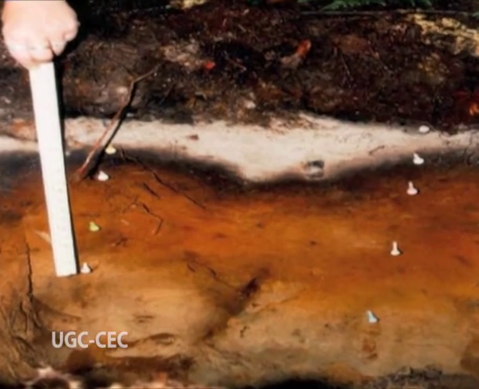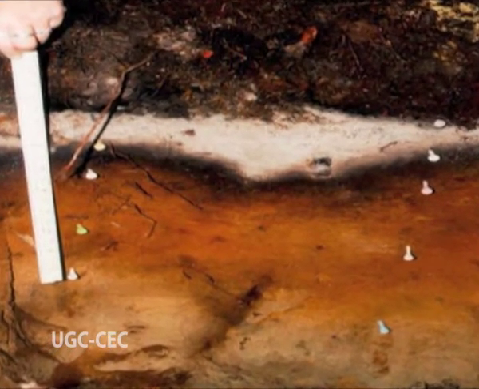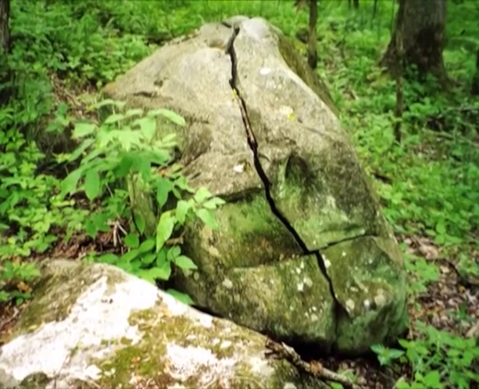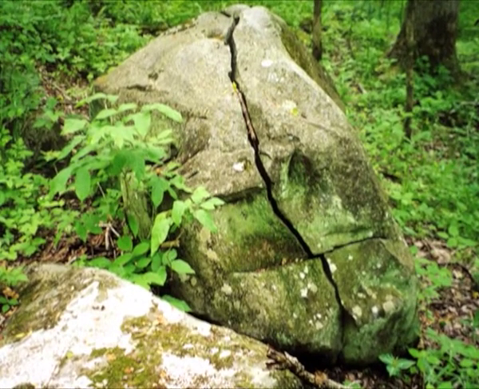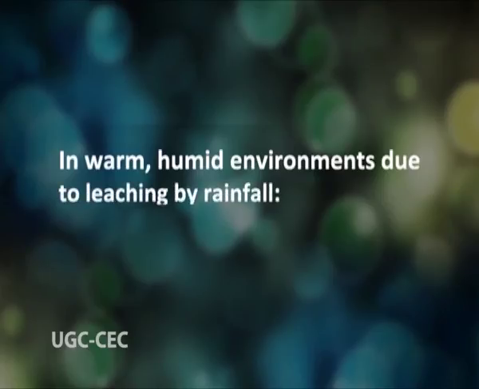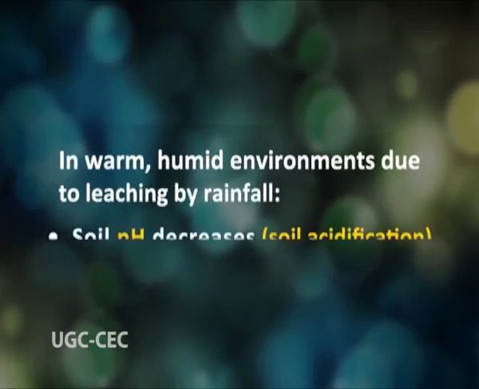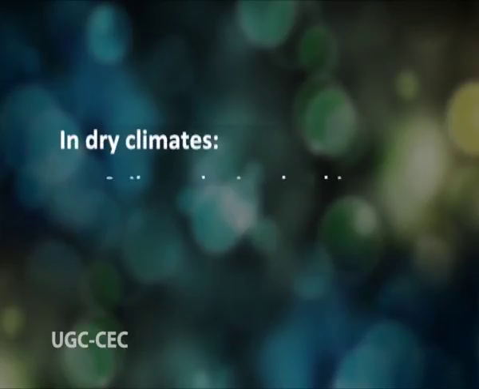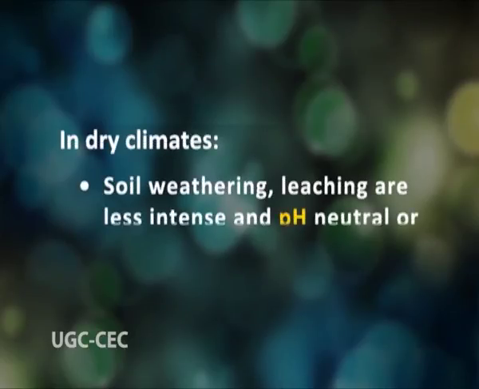Temperature and rainfall control leaching intensity and soil mineral weathering. In warm, humid environments, due to leaching from high amounts of rainfall, soil pH decreases over time in a process called soil acidification. In dry climates, however, soil weathering and leaching are less intense and pH can be neutral or alkaline.